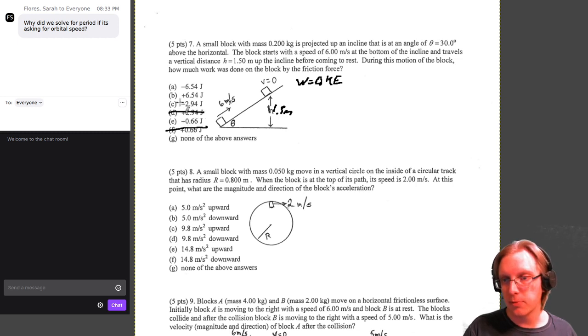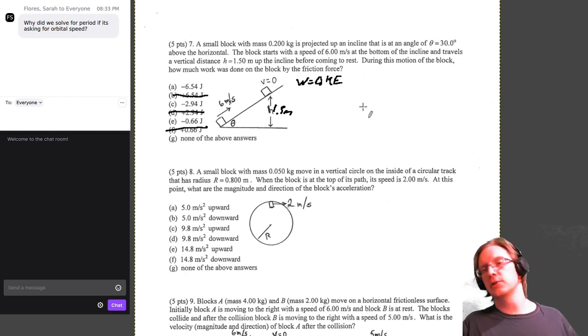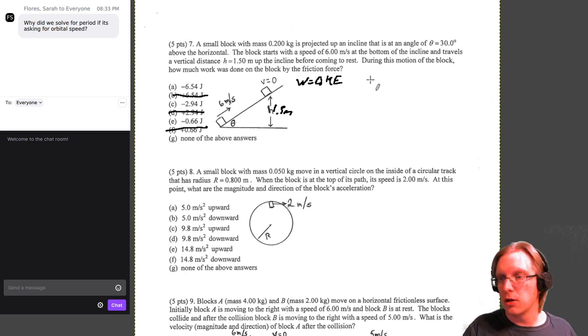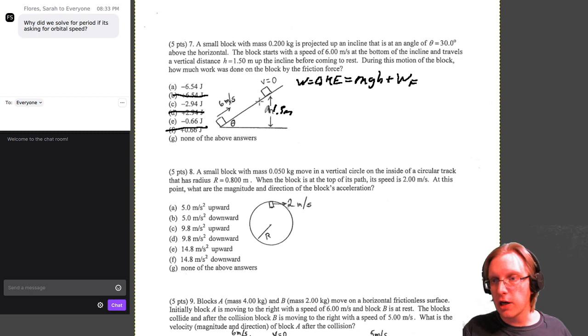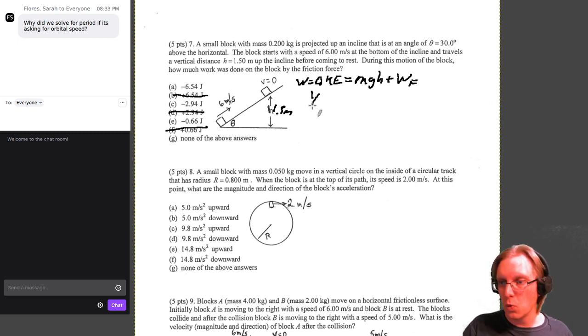So we get rid of all the positive ones. That is not particularly informative. So then this has to be equal to mgh and work of friction. Is there any other forces in here? I think that is it. Yes, that's it. So our kinetic energy, 1/2 mv squared.